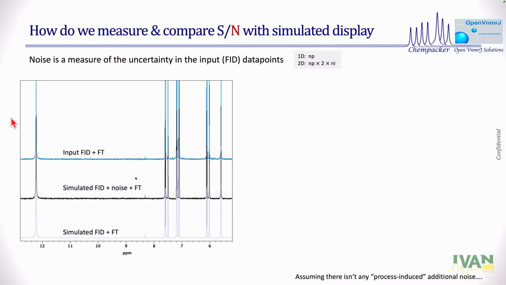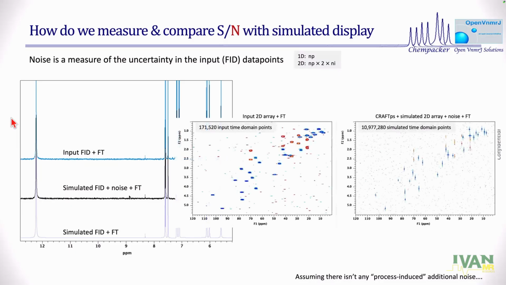Now I can compare the sensitivity differences, the sensitivity improvement, whatever it is, with respect to a constant noise. That constant noise is a measure of the uncertainty in the input FID. So in a 2D, it's FT2D, that input is 171,000 data points.